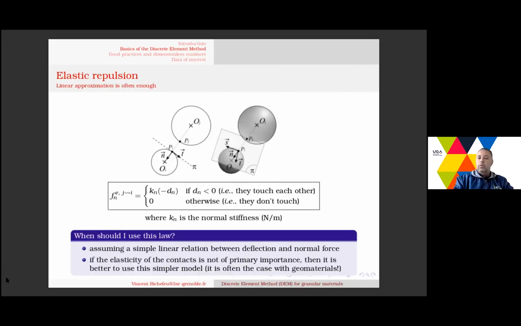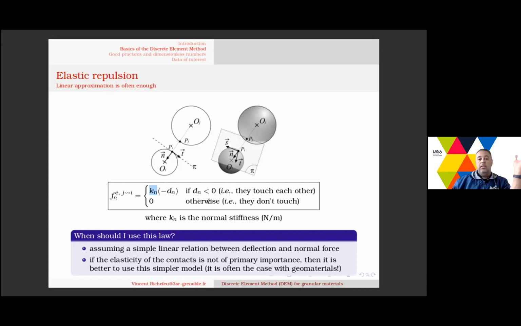Most often we use a linear elastic relation, just like I did with my example. And the way to write the law is to say that the elastic normal force is the deflection times a stiffness coefficient, okay, in Newton per meter, if the particles overlap, if they touch. If not, the force is 0.